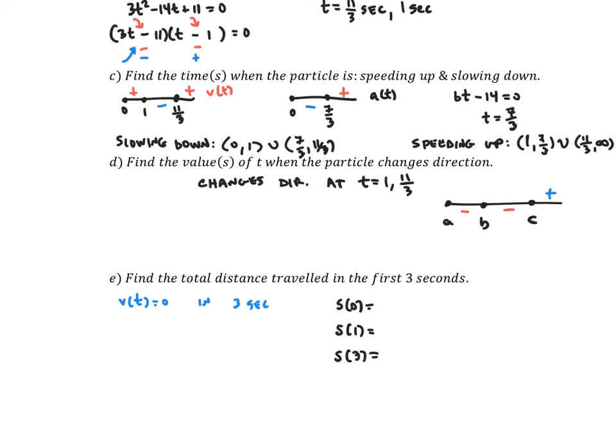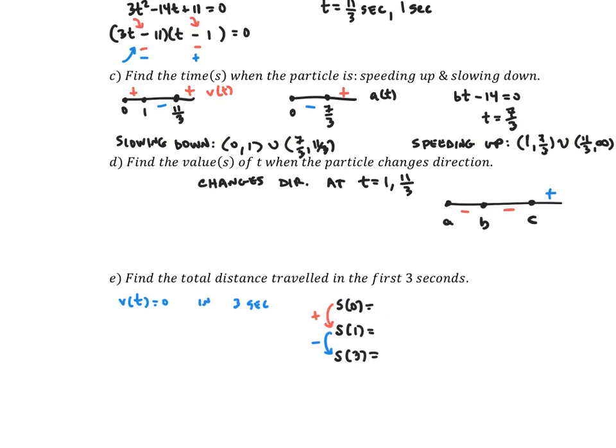The particle moves to the right, then pauses, and then moves to the left. So if I find the difference between s of 1 and s of 0, and then the absolute value of the difference between s of 3 and s of 1, I've got the total distance traveled, because I'm not worried about displacement in this example.